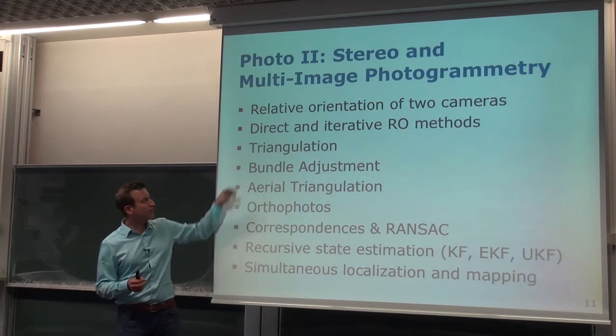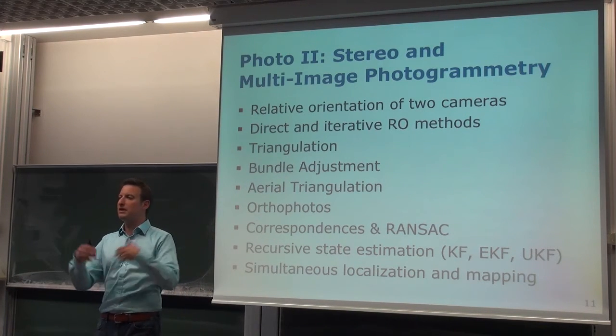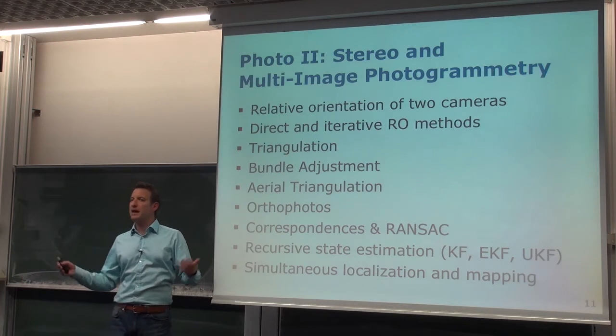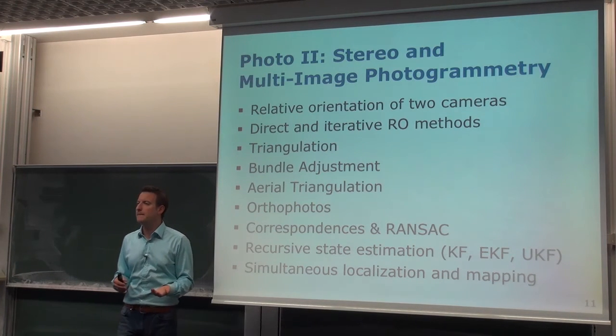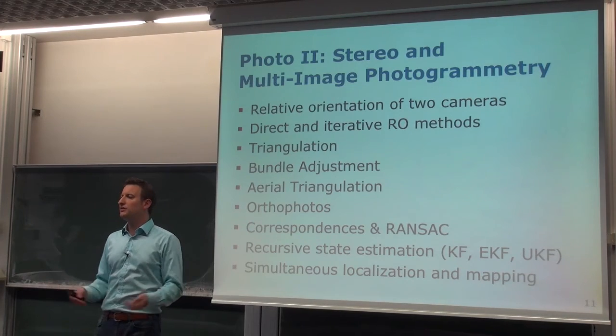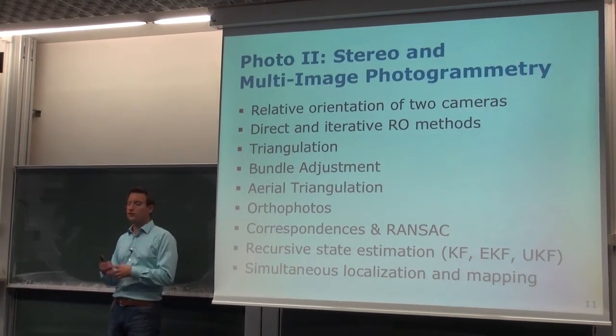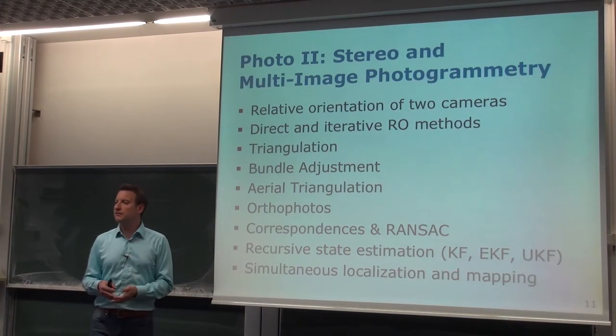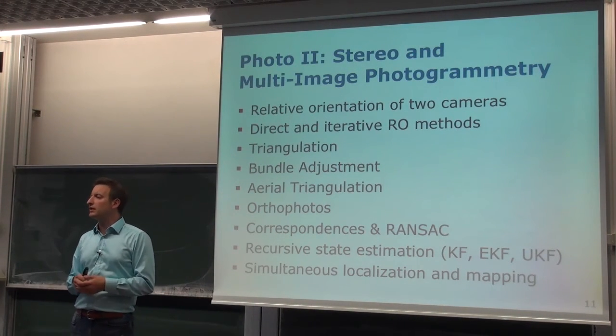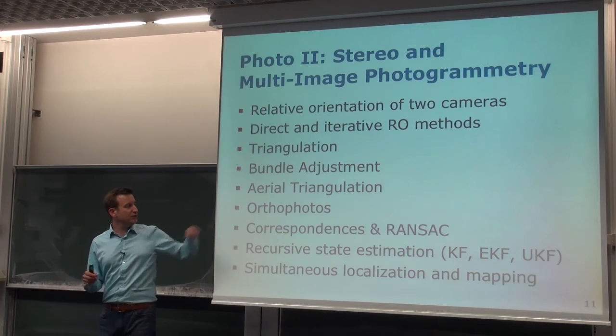This is the least squares approach to the problem of estimating where the cameras have been at different points in time, and what the location of 3D points in the scene is. Then we look into orthophotos, which are special photos taken, for example, from aerial images, which are used in order to build maps.